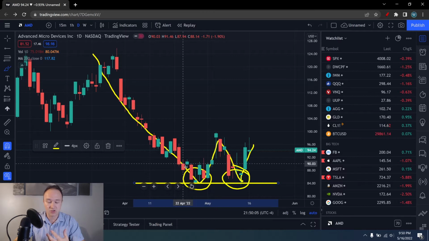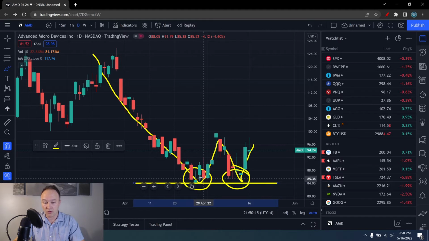It's a psychological level that stock market traders look at, and they say this area has acted as support twice in the very recent past. So it's likely to act as support again if we drop down. So that is a bullish indicator. That kind of means that this is a strong floor.